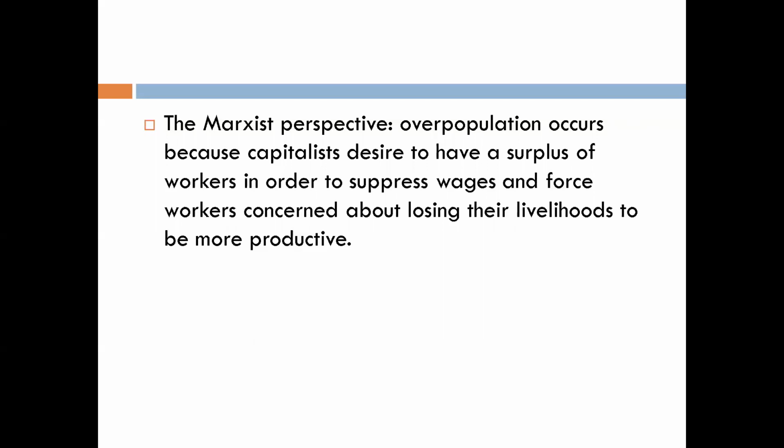So again, we have the Marxist perspective on population. It says overpopulation, population more than we need, more than is good. Overpopulation occurs because of capitalists. You know that Marxism is the opposition of capitalism. It's a very different, oppositional position.